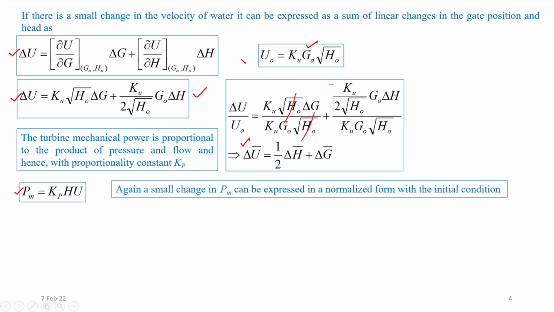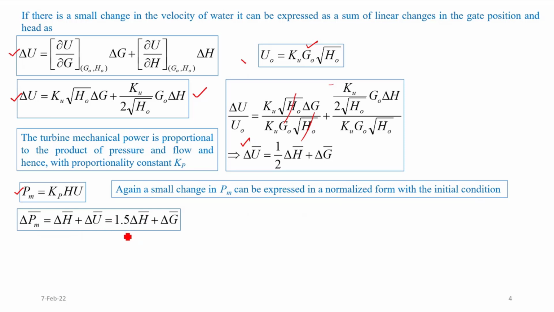Now again, a small change in Pm can be expressed in normalized form with initial conditions as given above, H naught and U naught. So I can write this as delta Pm bar is equal to delta H bar plus delta U bar.